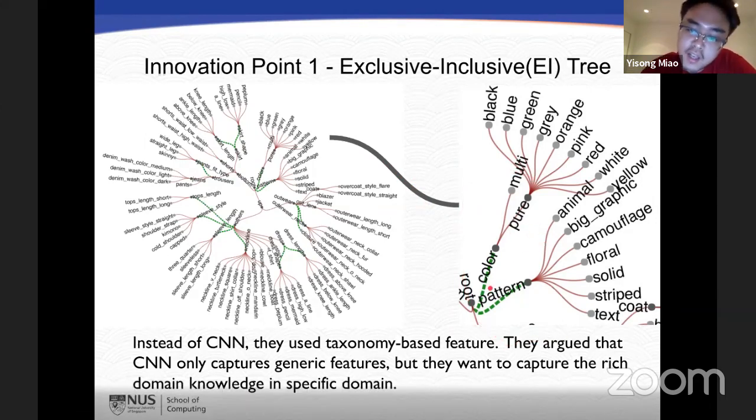We can see that color and pattern knowledge can co-occur. However, let's say the animal and the big graphic, they cannot co-occur. So this type of independent information is also more fine-grained, and this type of fine-grained or constrained information, they argued, cannot be captured by CNN. So they use such an EI tree.